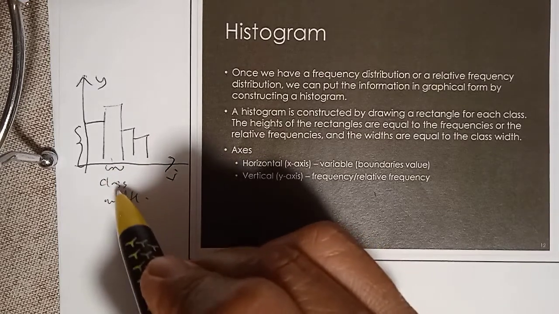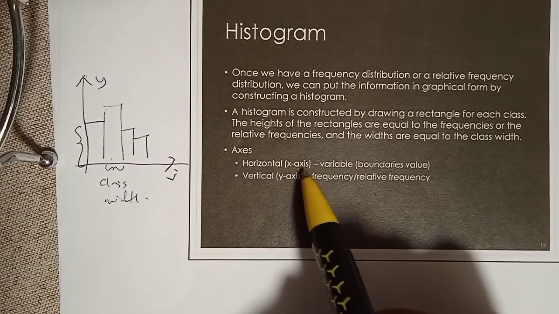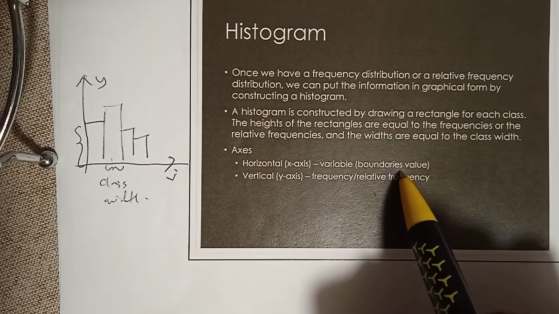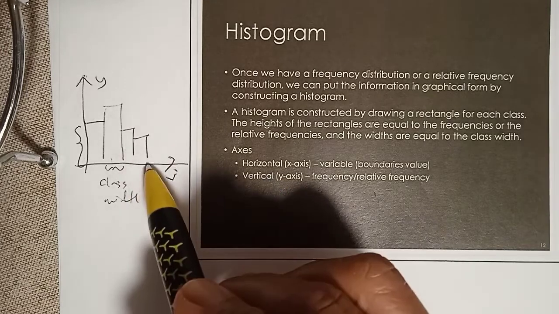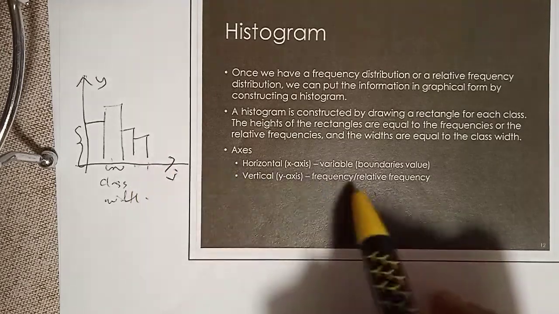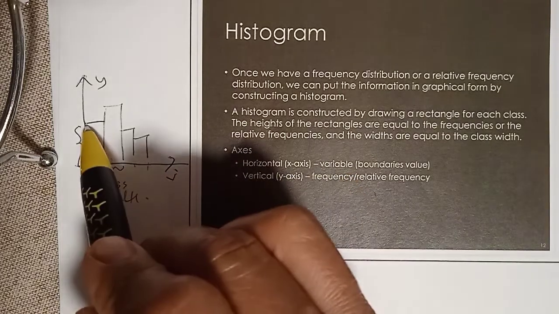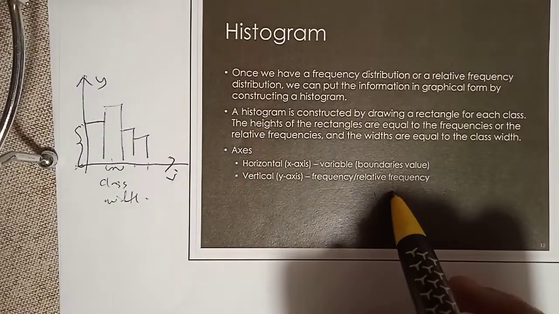We have learned earlier what the class width is. The horizontal x-axis is the variable, with boundaries as values, and the vertical y-axis is the frequency or relative frequency.